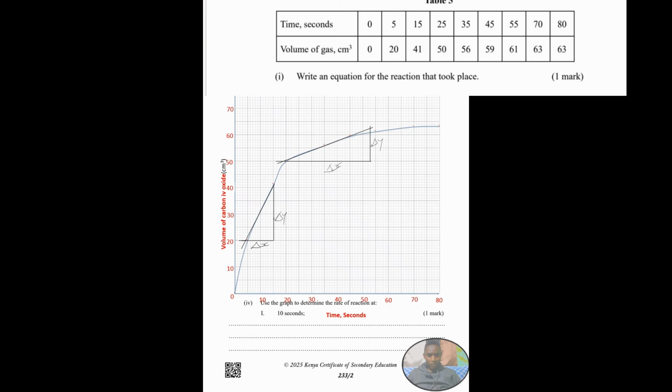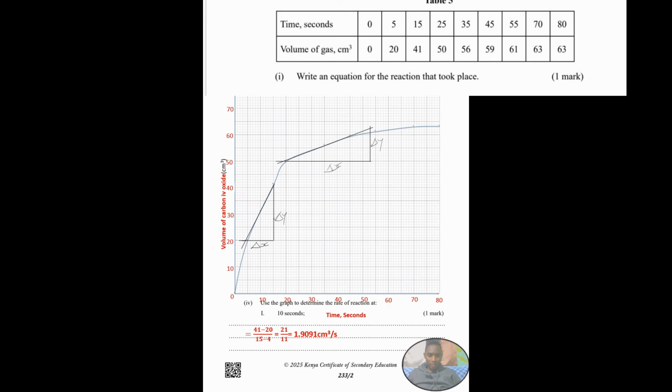I'm going to look for a gradient, which is going to give me 2 points for the y-axis and 2 points for the x-axis. So I'm going to take change in y over change in x to determine the rate.